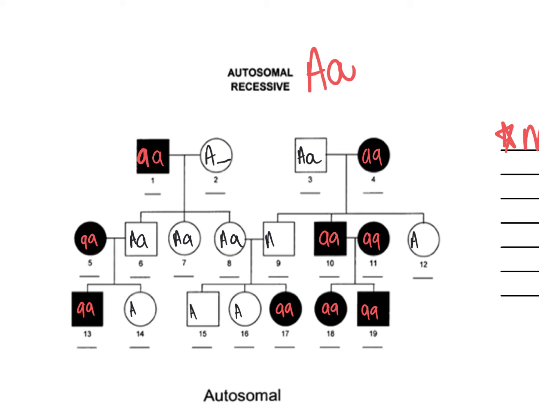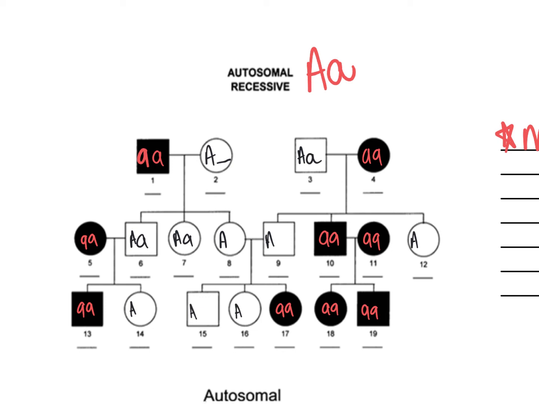Let's take a look at number 8 here. Let's pretend for a moment that we did not know number 8's genotype. We know for a fact that they are unaffected, so we would put a big A. Now we're going to find evidence to support their genotype.